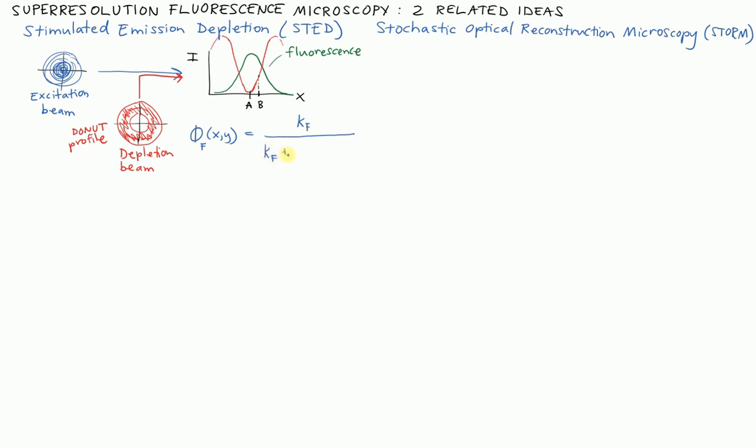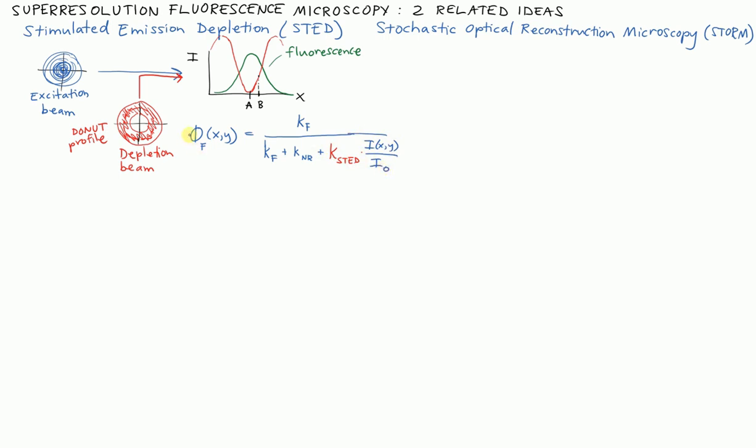Another decay rate, which might be quite small, so I'll write it as a small thing, would be k sub NR for non-radiative pathways, like collisions with the environment. And then the thing about STED is that you get a third term, which will give the value of k sub STED times an intensity-dependent term, which is the intensity at a location xy in ratio to some reference intensity, some constant.